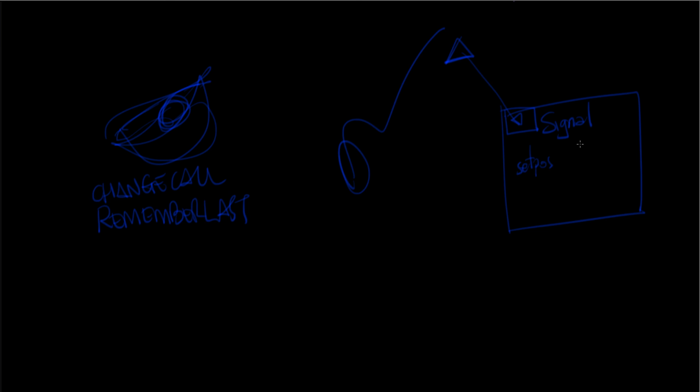So our set position will be a different function. So it'll get an x and a y, and this is what it'll do. It'll say, well, actually, that's not right. Hold on.